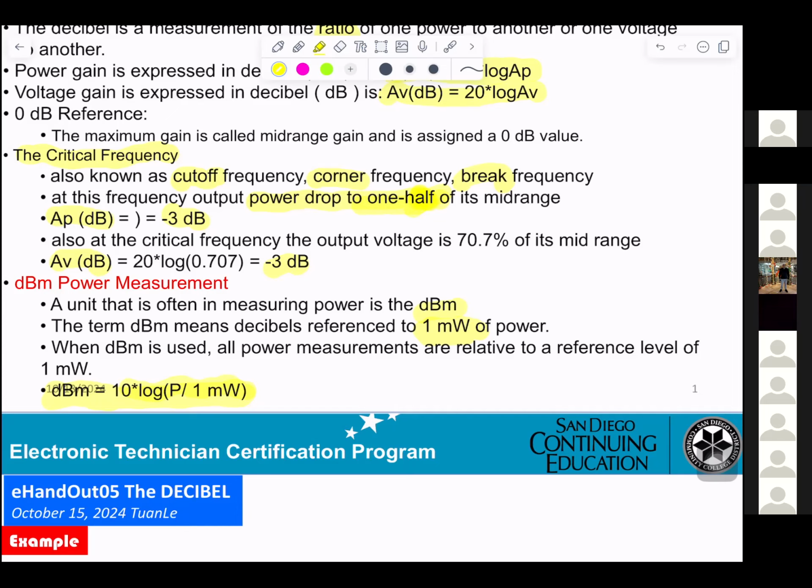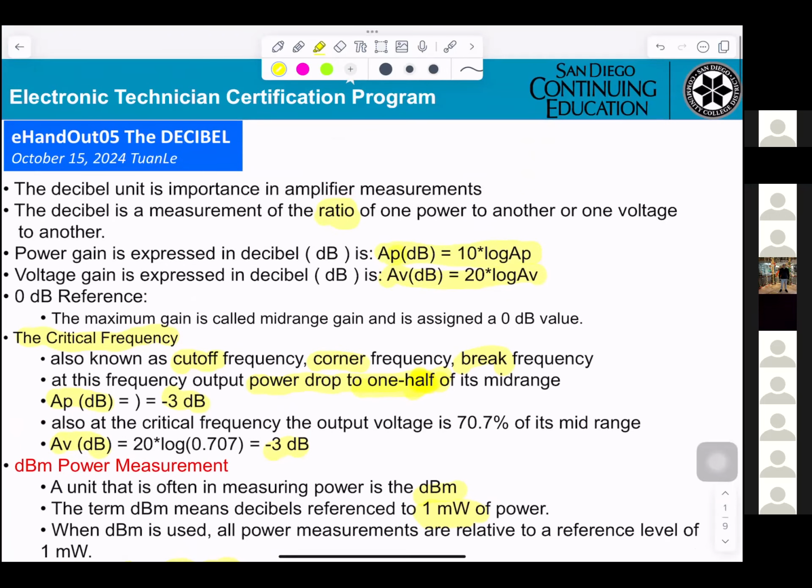I put in the calculator 10 log 0.707. That's what you're talking about, voltage. No, voltage is 20 log. Yeah, 20 log, but if you're using power, you have to use 10. Right. 10 log of 0.5.